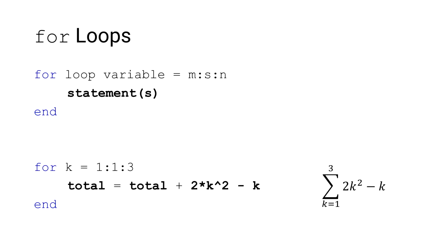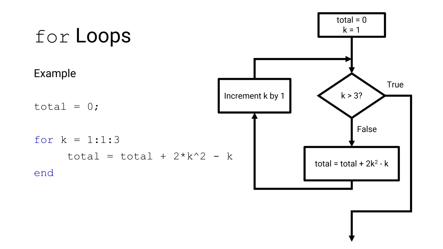Now here, that equal sign is an assignment operator. So the new value of the total is assigned the previous value of the total plus 2 times k squared minus k. Now let's take a look at a flowchart of this example.